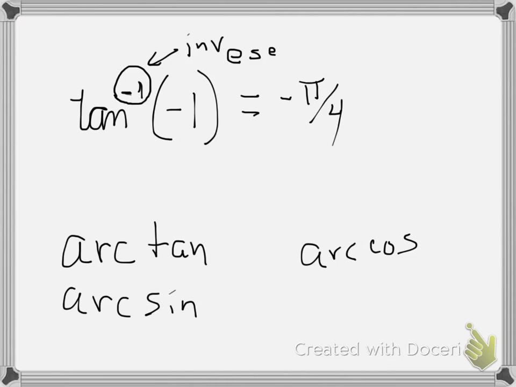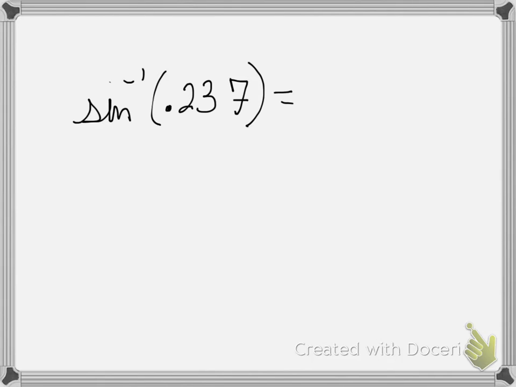Now, for some of these values, I'm going to expect that you can give the exact value, but not always. Because let's say that you had the inverse sine of 0.237. Okay? Now that doesn't necessarily come out to be any particular angle, but there just happens to be a little button on your calculator if you look at the second function for sine, and you go second, and then hit the sine button.